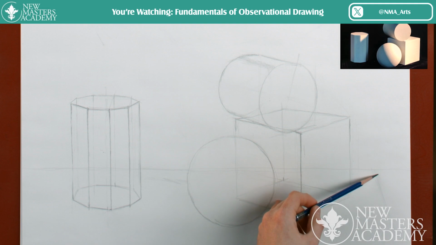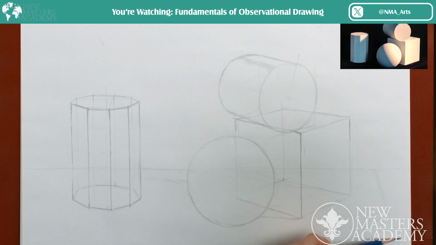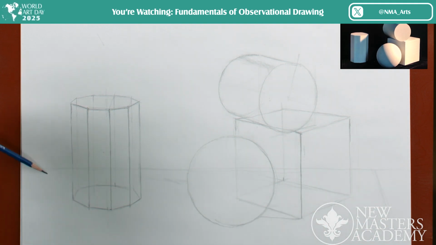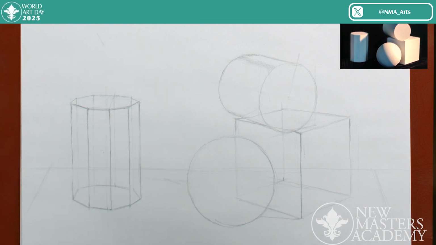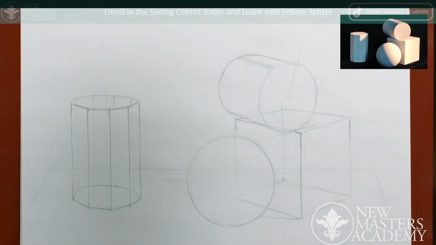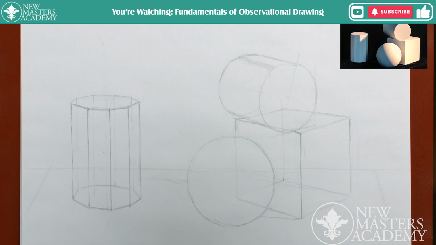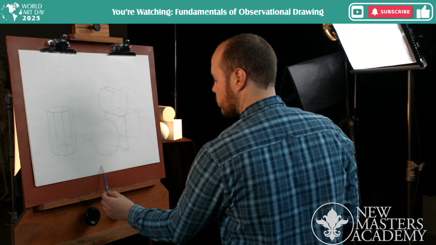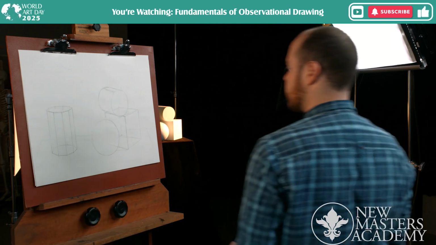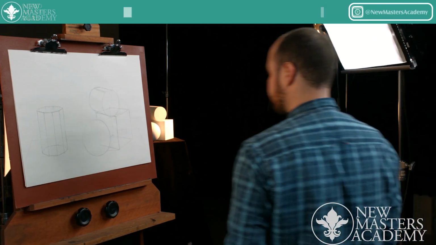So from my view, I see a smaller amount here, and I will just place a few lines to evenly place all the objects on top of our surface. I wouldn't worry too much about where the closest edge of the table is. You can just hint at it for clarity.